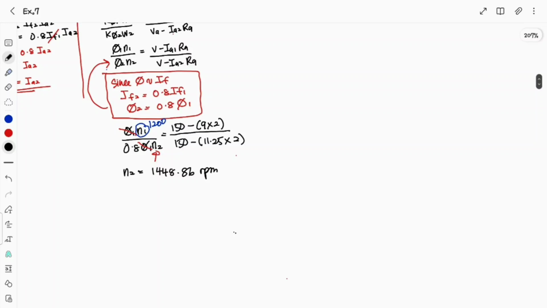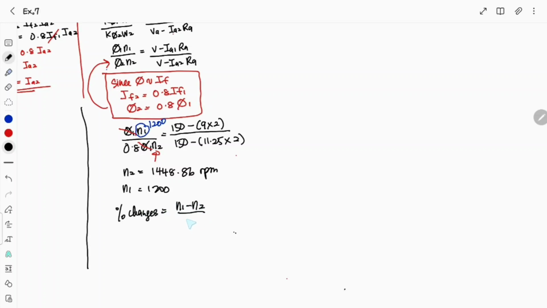Okay, so if you are interested in knowing the changes in speed, we can extend the analysis for when N1 is 1200 with a 20% flux reduction. So we can find the percentage change, which equals N1 minus N2 over N1 times 100%.